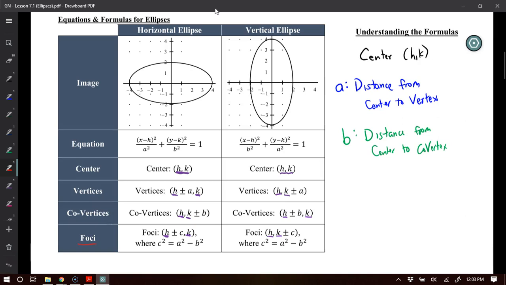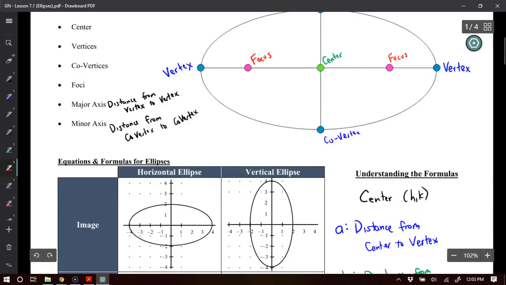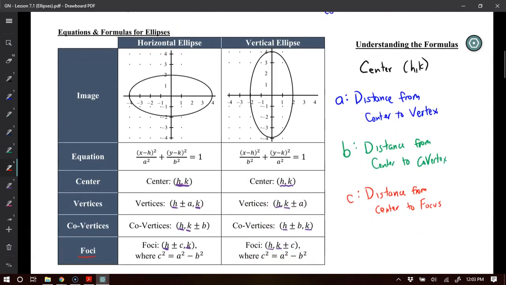Well, that's not too bad. We still have what looks like an h, k, so it's still going to represent the distance from the center. Now, in this case, it's going to be to a focus. The foci are located on the same axes as the vertices. We can see that up here as they are on the same axes.